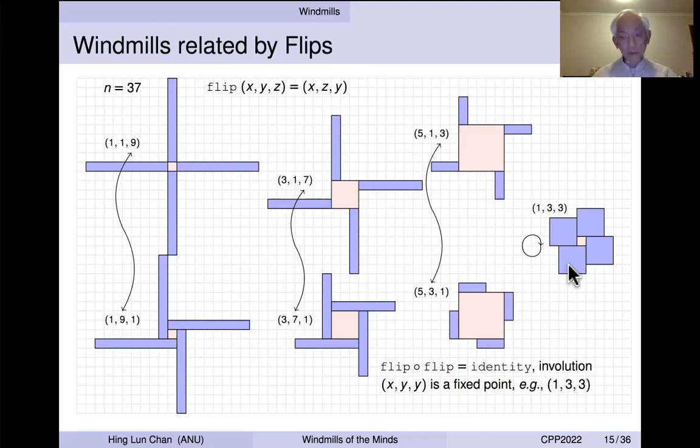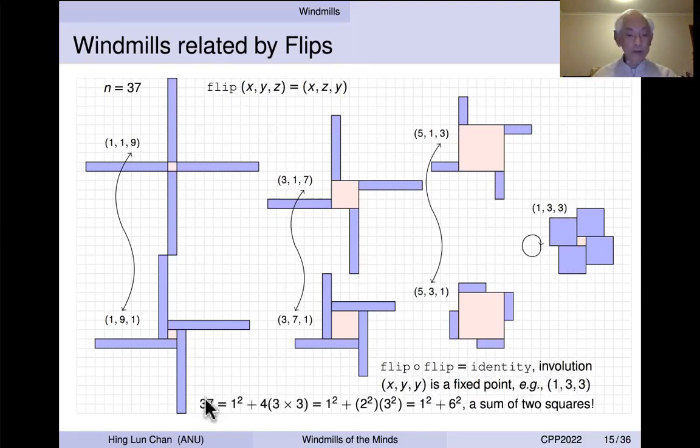The fixed point has this form, x, y, y, and this is an example. Whenever we have this kind of situation, a fixed point, then the number can be expressed like this, which becomes a sum of two squares. So a fixed point means expressing the number as a sum of two squares.